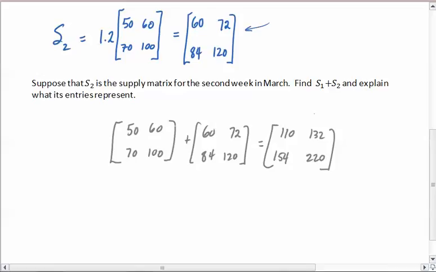We just have to discipline ourselves to put these things into words and explain what we're talking about. And then of course 154, what is that? That is the total number of pounds of walnuts for the first 2 weeks in March that came from supplier A, and again from supplier B, the total number of pounds of walnuts that were purchased from vendor B for the first 2 weeks in March.